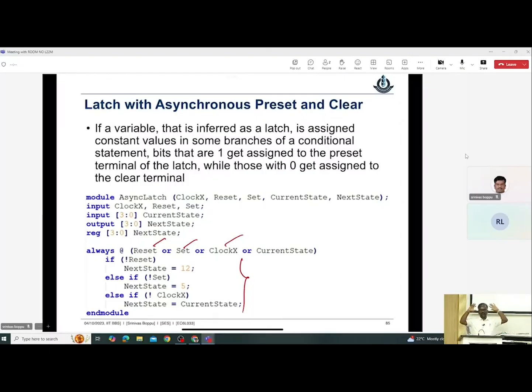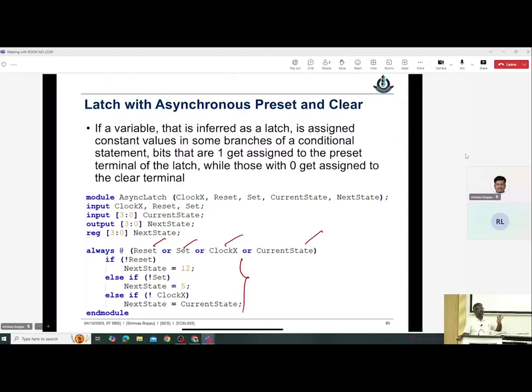Now first of all, it looks like maybe a flip flop or something, right? But again, as I said, there is no clock edge or anything. It cannot be a flop. It could be a latch because one else block is missing. Now again, we have a priority, right? If you look at the code, first we are checking the if block, then the else block, and then again we have an else block.